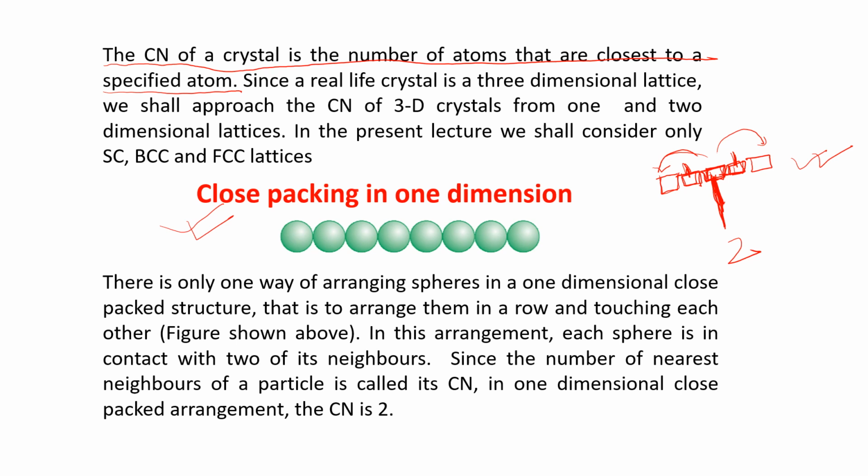Now, let me take this atom. This atom's immediate neighbors are this one and this one. So this atom is surrounded or touched by 2 atoms only. So the coordination number of this atom is 2.